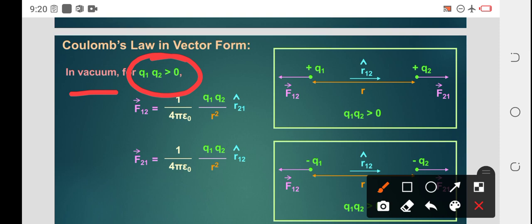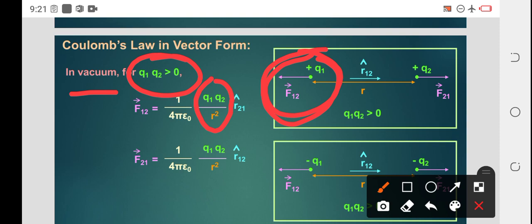From this figure, F12 is considered as 1 by 4 pi epsilon naught Q1 Q2 by R square.